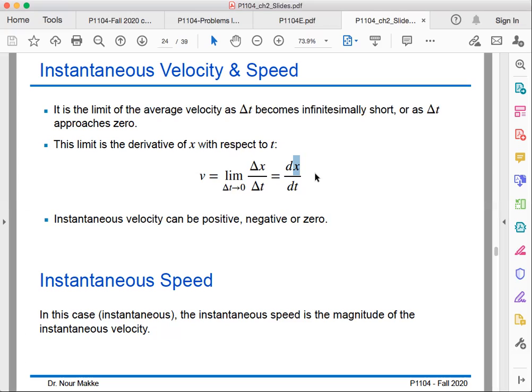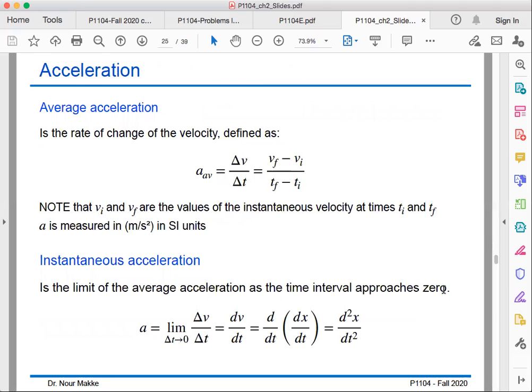So the instantaneous velocity is the vector that shows the value of the velocity at a given time t and its direction. And the instantaneous speed is just the value of the velocity. So this is why it's the magnitude of the instantaneous velocity. So this is it for the velocity.